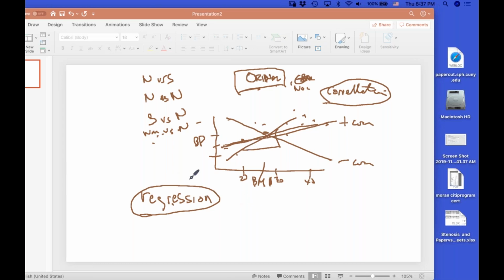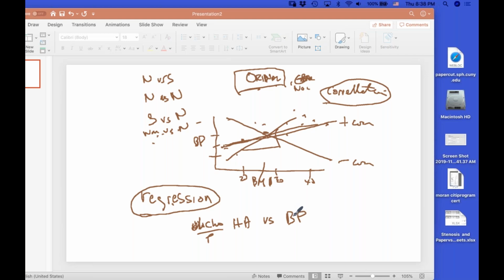Sometimes we can even take a numerical variable, particularly a dichotomous categorical variable, like for instance a heart attack. Probability of having a heart attack versus the person's blood pressure.